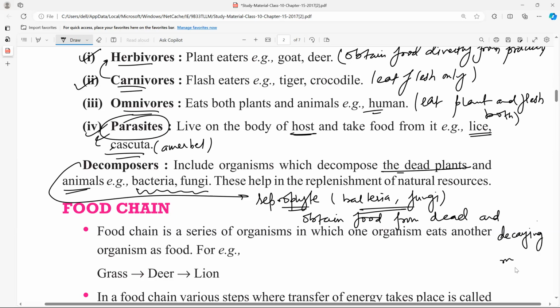Are you getting this one? Tell me, are you getting this one?